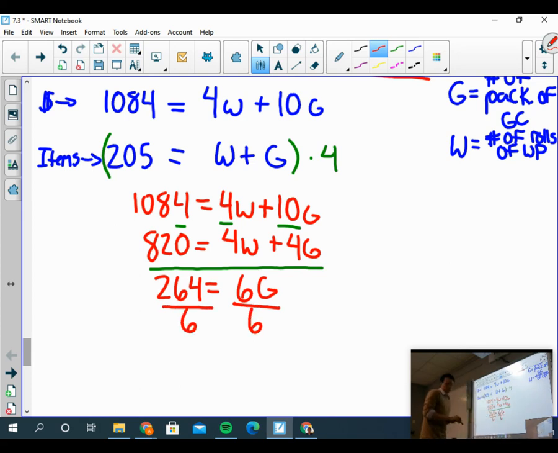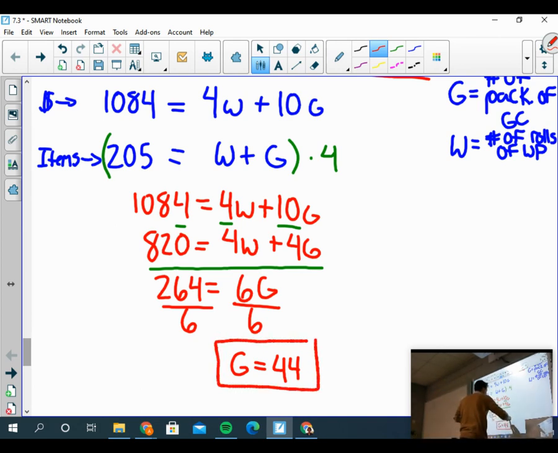Divide that by 6, and I find that G equals 44. G being the number of packages of greeting cards. So that's how many packages of greeting cards I sell to meet the requirement of both equations. But I also need to find out how many rolls of wrapping paper I sold.